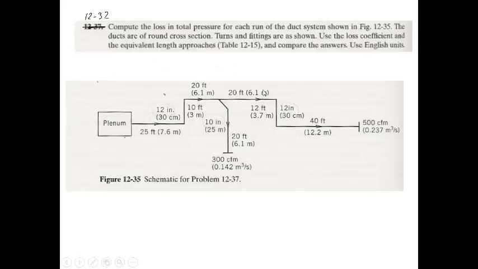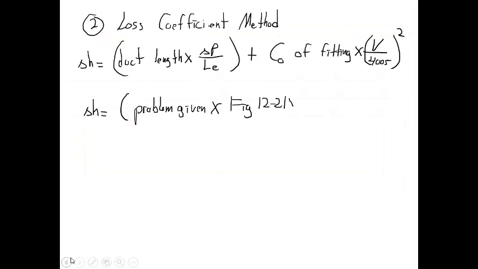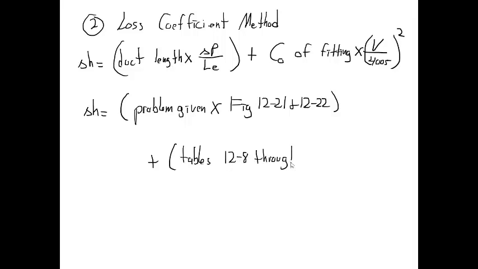And I'll go over what these figures look like in a minute. And then what you're going to do is add the coefficients listed in tables 12.8 through 12.12. That multiplied by velocity pressure. Okay?